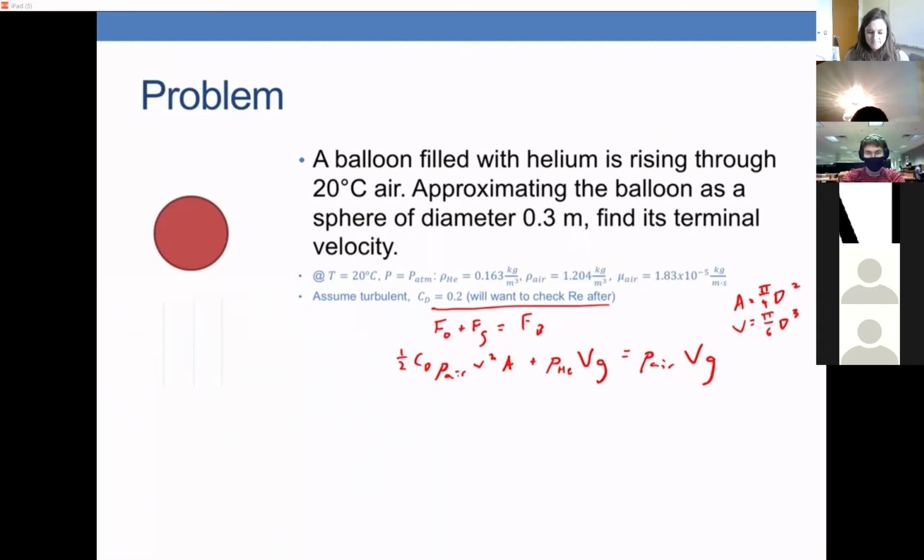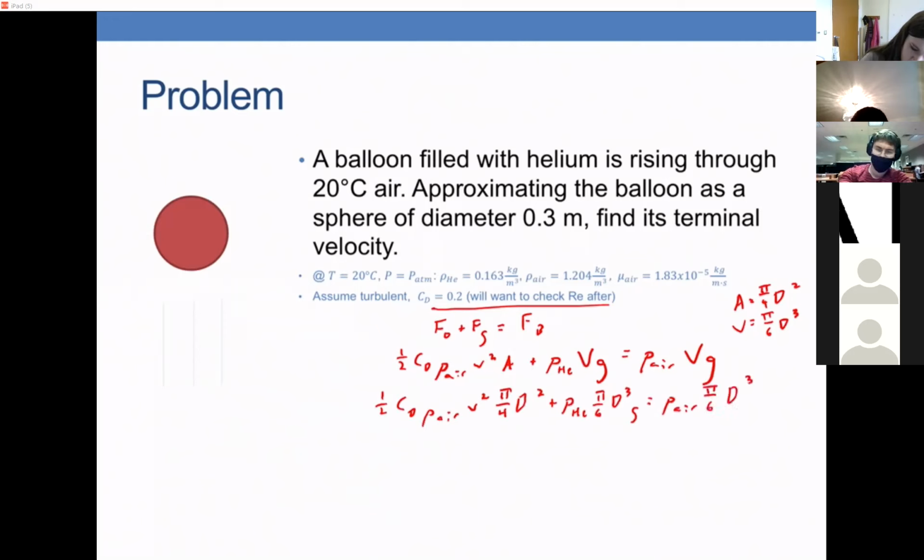It's the volume of a sphere. And now I'm going to write that out: 1/2 CD rho air v squared pi over 4 d squared plus rho helium pi over 6 d cubed.